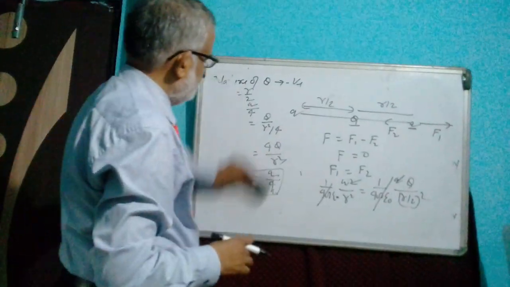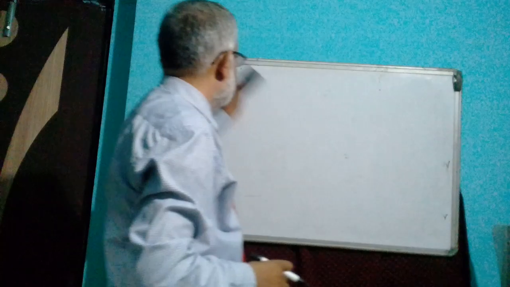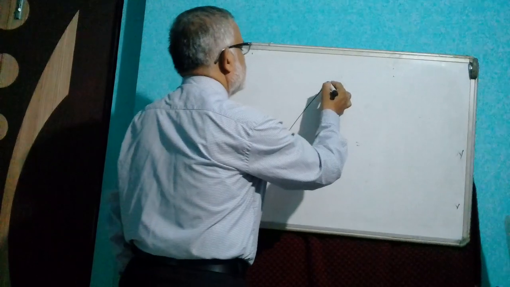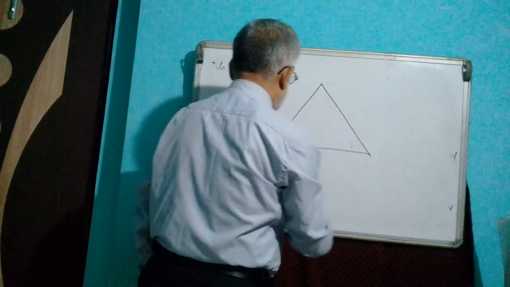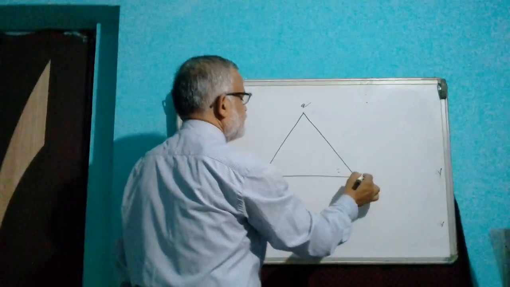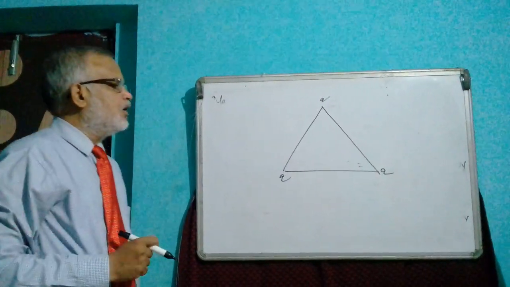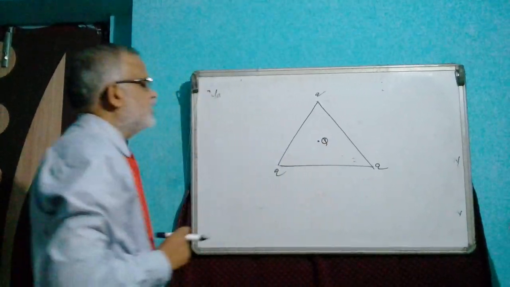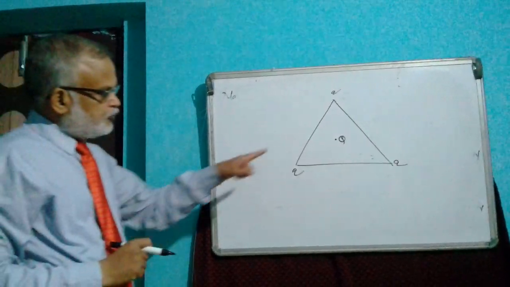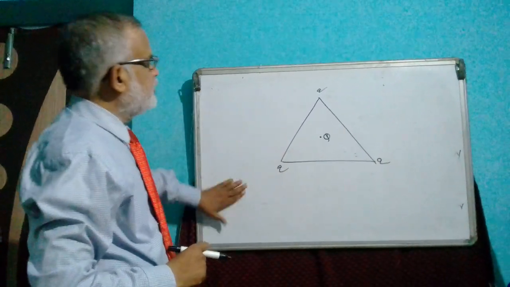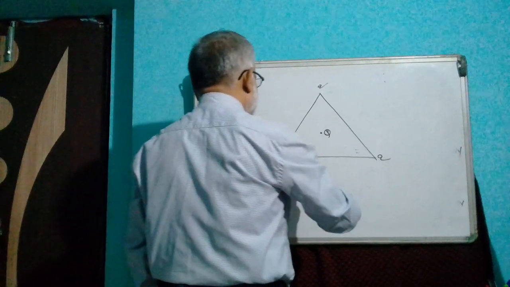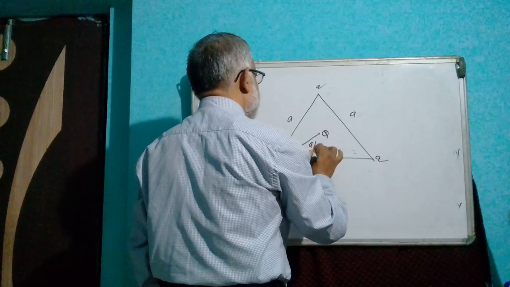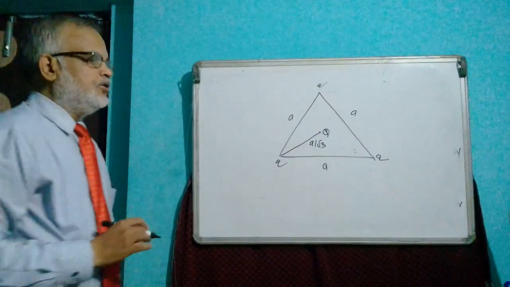One of the most important questions. We take another type of numerical. We consider three charges q placed at the corners of a triangle. Let a charge capital Q be placed at the center. To find the net force on the charge capital Q, we know by mathematics that if the side length is A, this distance is A upon root 3.